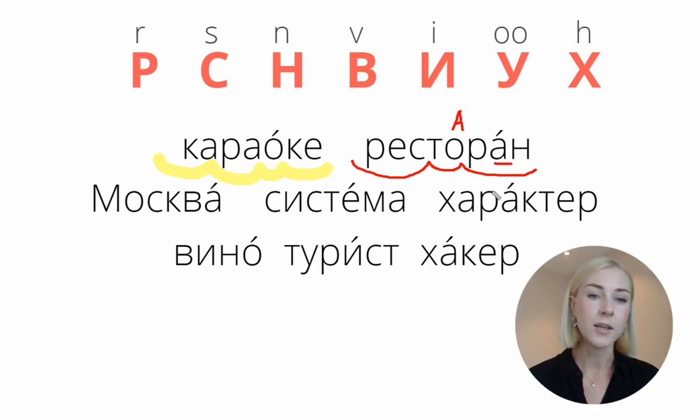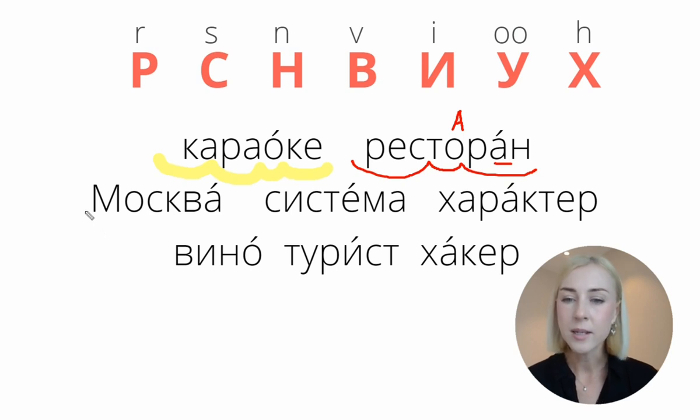A is stressed here, which means that we should pronounce this syllable a little bit longer. You can raise your voice, but a little bit. But more often, the native Russian speakers pronounce the stressed syllable a little bit longer. Ресторан. Excellent.